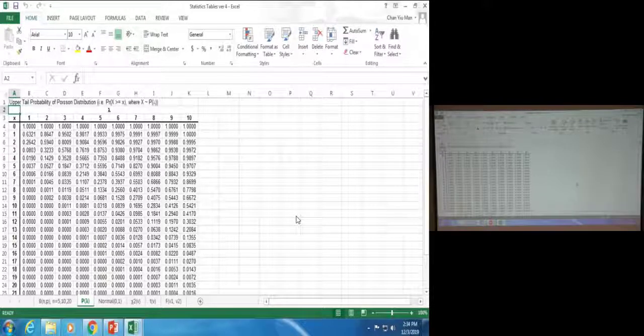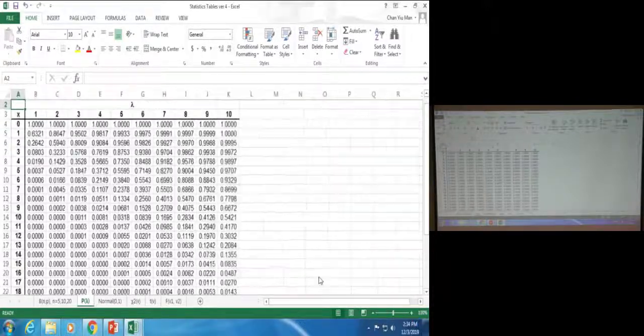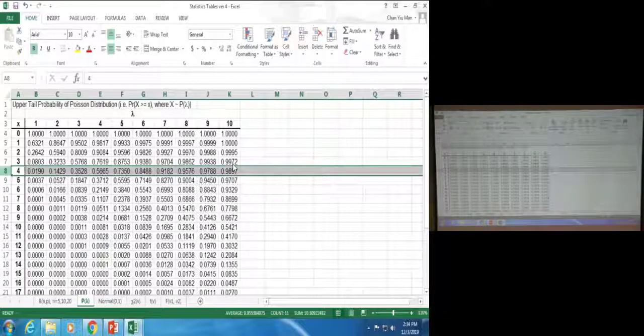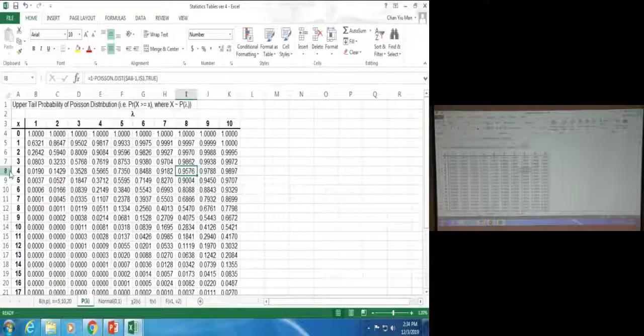It represents the Poisson probability, and it measures the upper tails. That means each entry in the table represents the probability of the random variable x greater or equal to this value. So here, for example, this number represents the probability of x greater or equal to 4, while x follows a Poisson distribution with parameter lambda equal to 8.